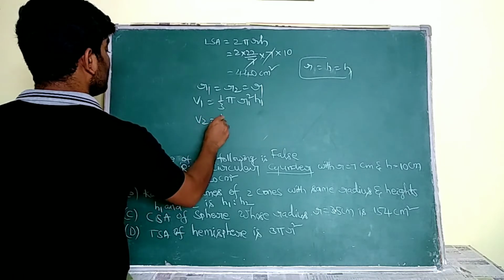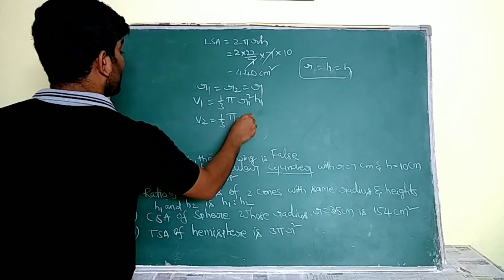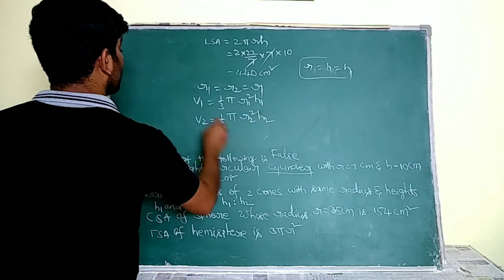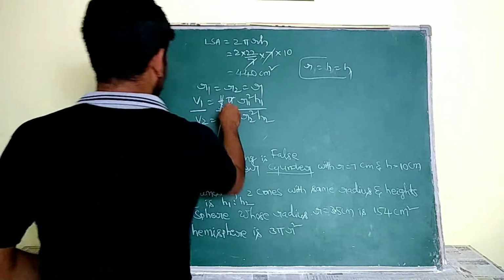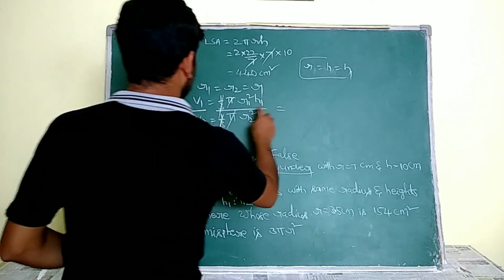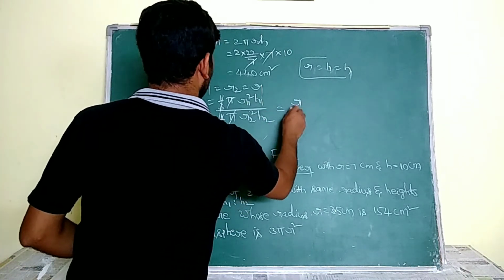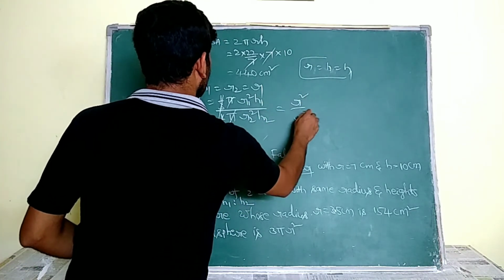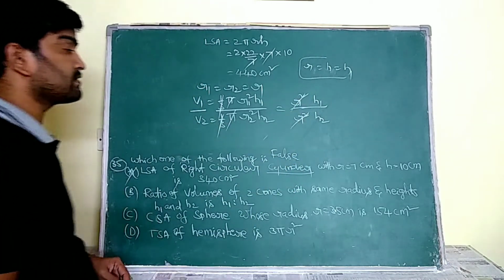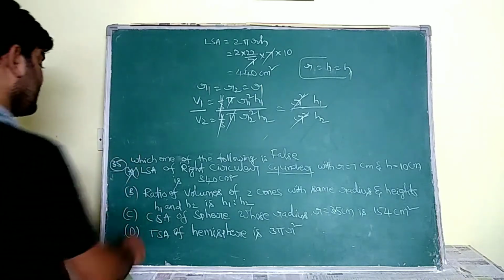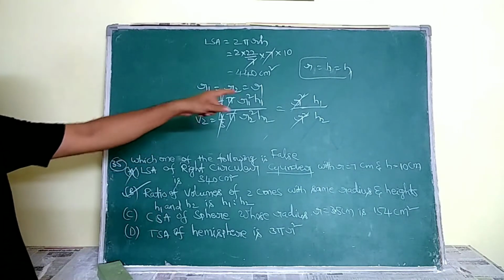Volume 2 is equal to 1/3 pi r2 square into h2. So we have to divide these two, because I want to find the ratio. 1/3 pi are going to be cancelled. In the place of r1 and r2 I am going to write r only. Now h1 over h2. This r square and r square are going to be cancelled. Then the volumes are in the ratio h1 to h2.